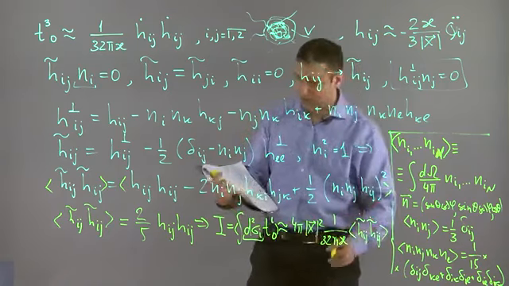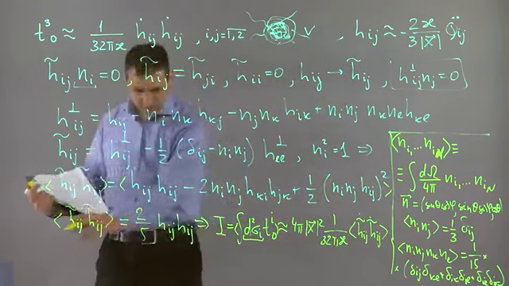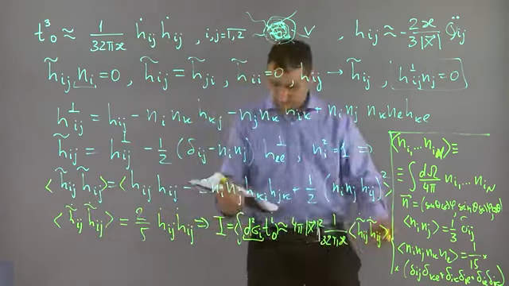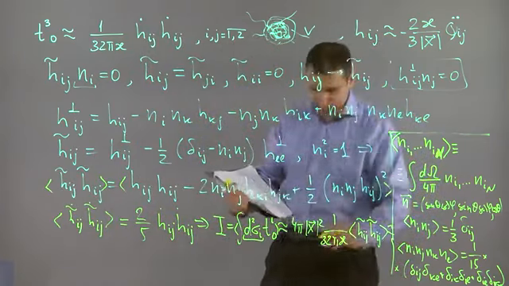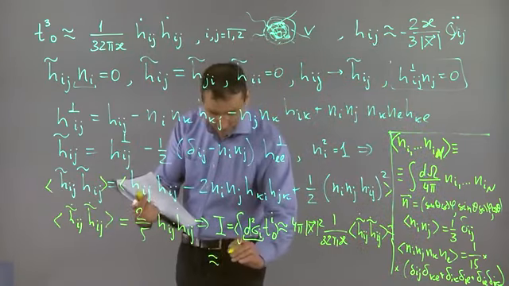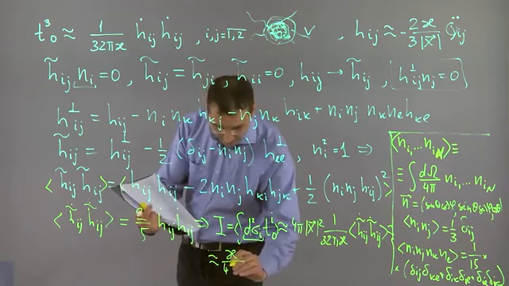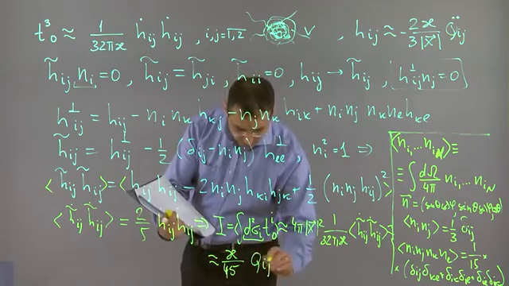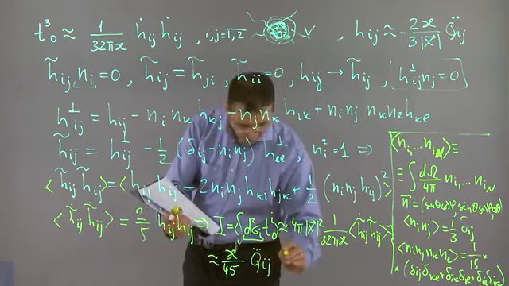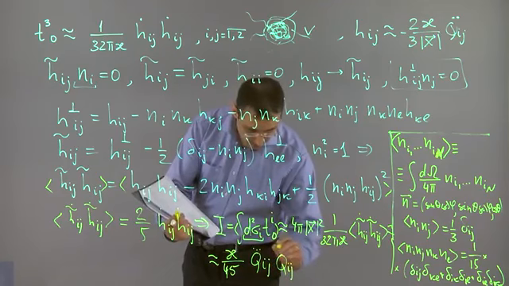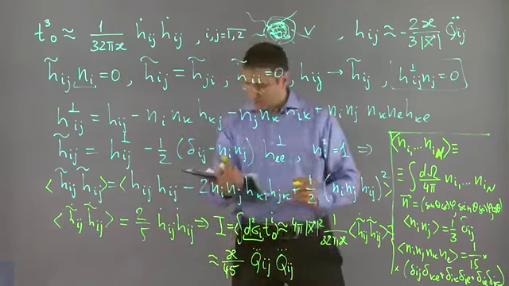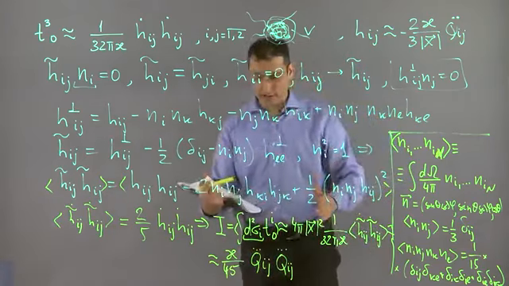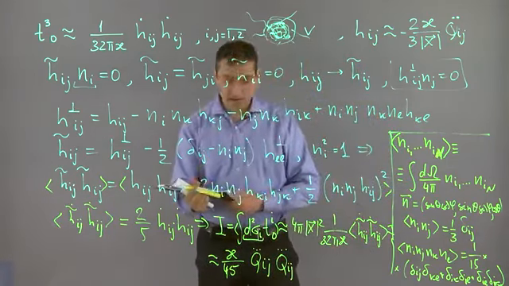The fact that there are dots here doesn't change this; it just leads to dotting here. In all, we obtain the following expression: kappa over 45 times qij triple dot times qij triple dot. This is the total intensity of the gravitational radiation in the non-relativistic quadrupole radiation.